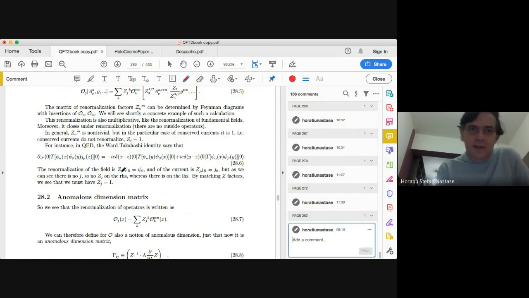So you see, if you normalize the field psi by Z_R, on the right-hand side I will have just these Z_Rs. And on the left-hand side, I would have the same Z_Rs on psi and psi bar. But in principle, I imagine that I should also have some Z_JK. But that's impossible because I don't have that on the right-hand side. So that means that really Z_J is 1, or Z_JK is delta_JK.